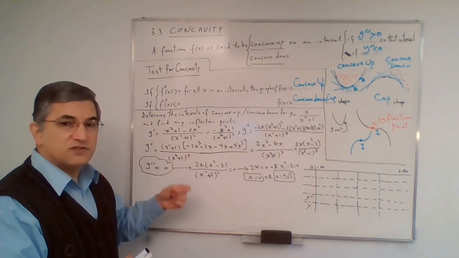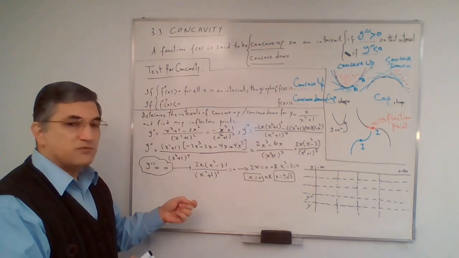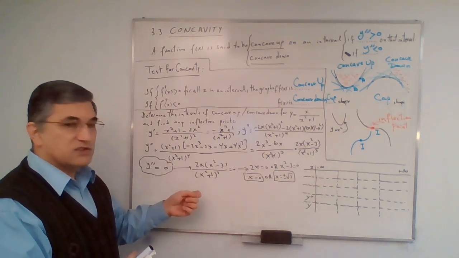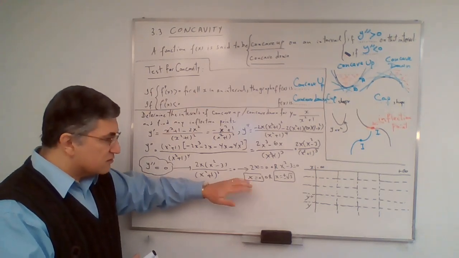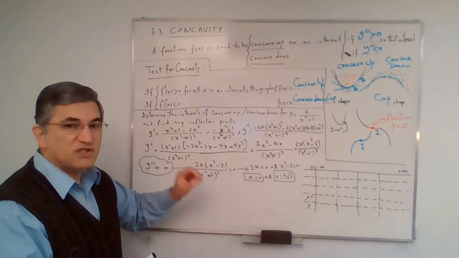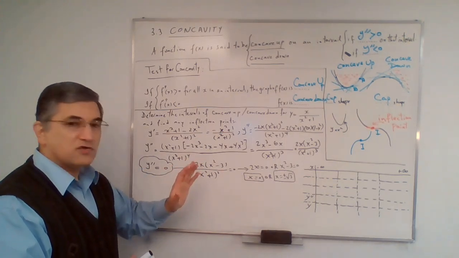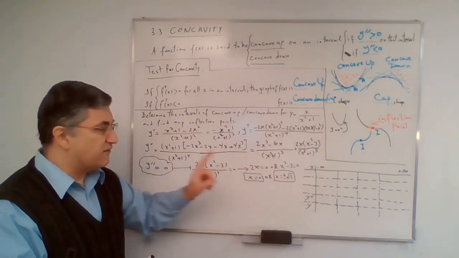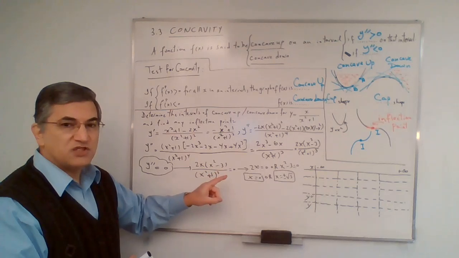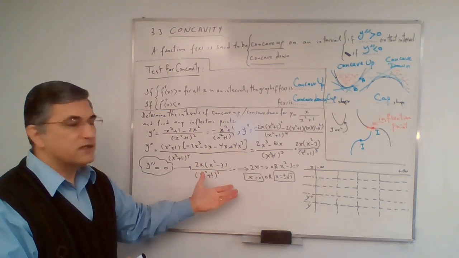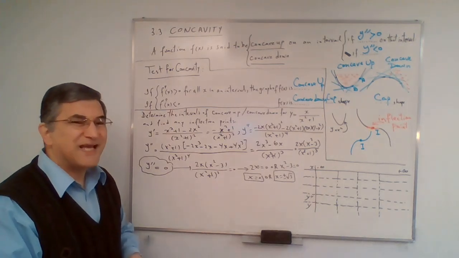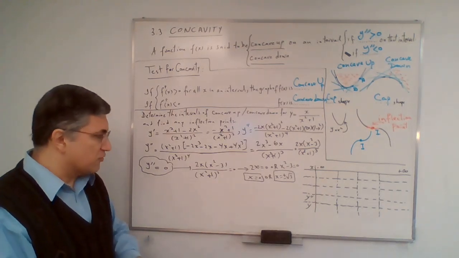Because if it doesn't change its sign, then it will not be considered as an inflection point. So it's extremely important. At this point, I can say these are potential inflection points, not 100% inflection points yet. If I construct my chart later on, if I figure out that the second derivative did change its sign, then I'm going to say, okay, so they are actually inflection points. But for now, they're just good candidates to be an inflection point.